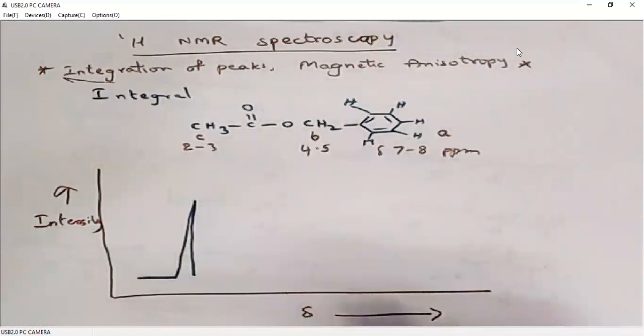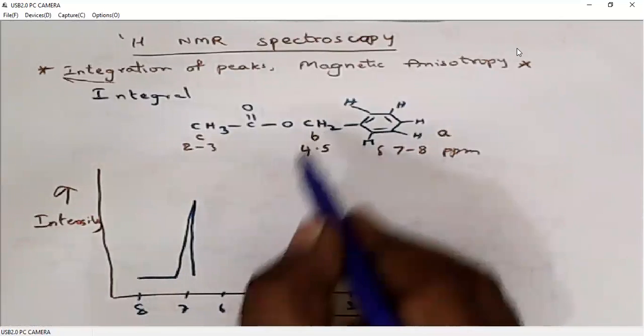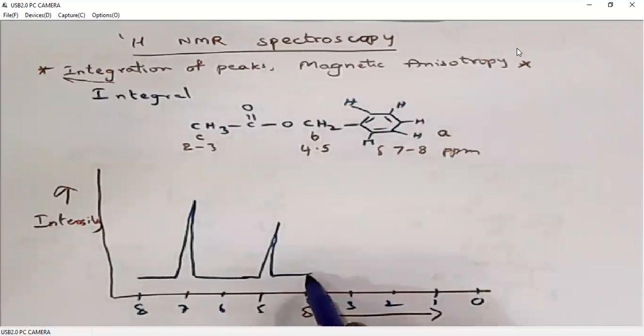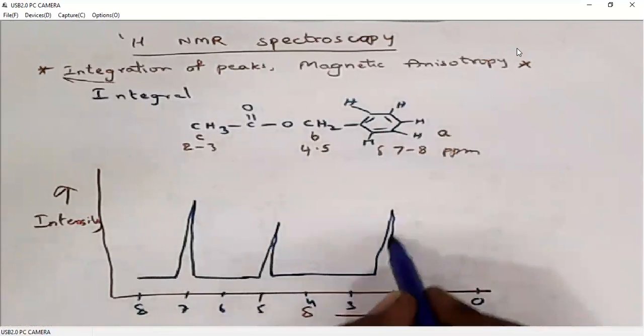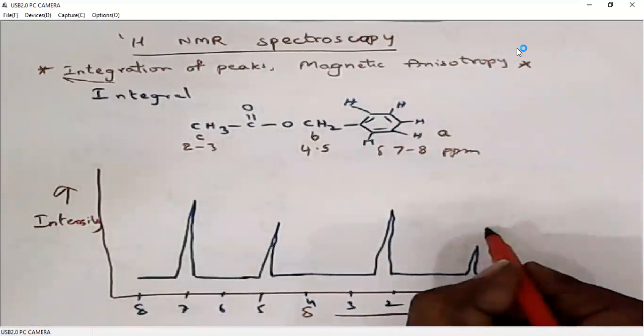The next peak, I'll give these values 0, 1, 2, 3, 4, 5, 6, 7, 8. So it will be like this. The next peak will be this CH2 peak. The next peak will be this CH3 peak. And of course, we will get a peak at the 0 value for TMS.